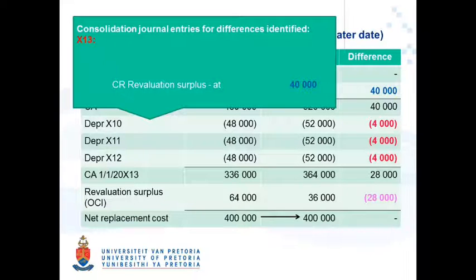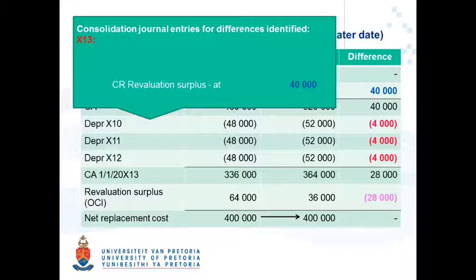Very important to note in this example, you cannot adjust the equipment of S. The equipment in S's separate financial statements has been revalued to a net replacement cost of 400,000. That is now the correct value for both S's separate financial statements and the group financial statements.